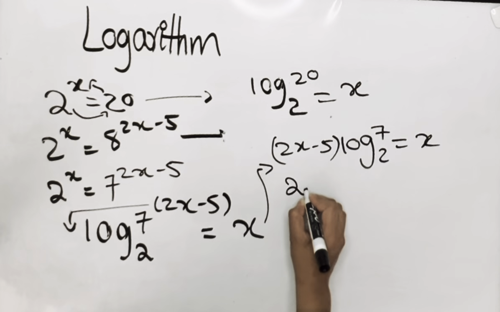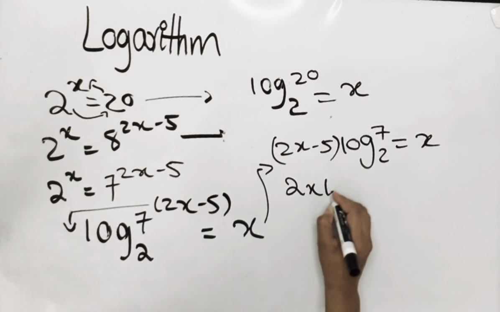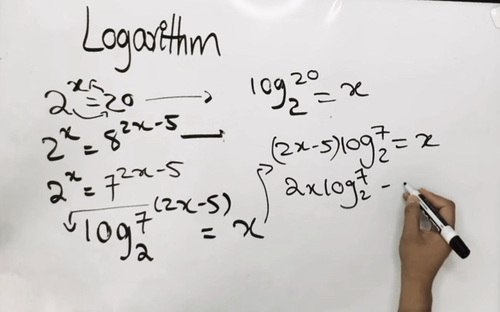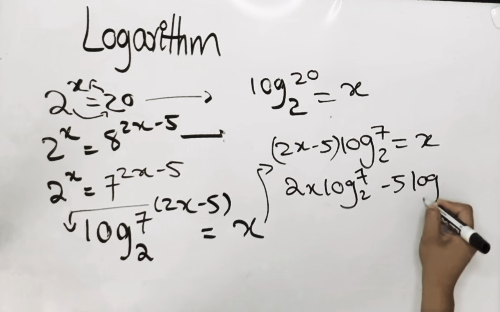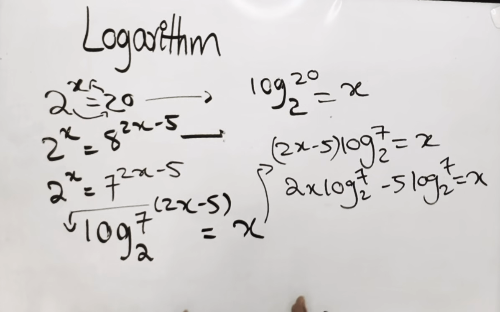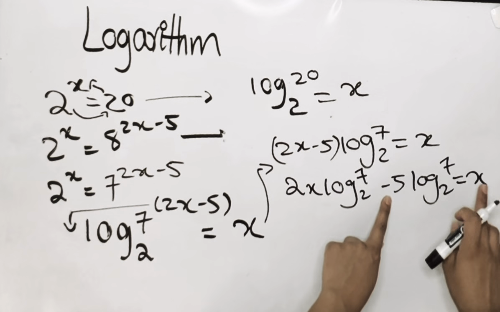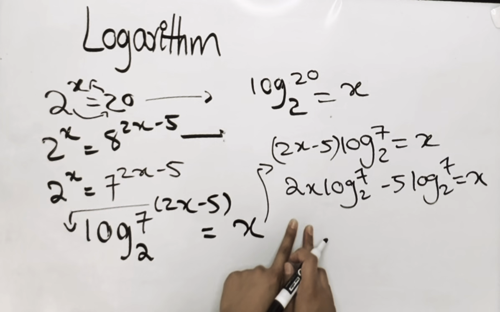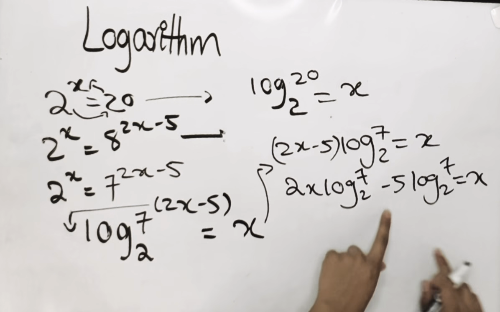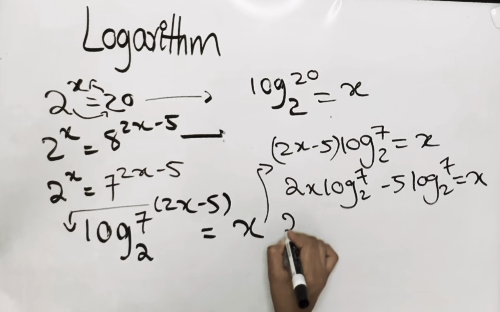Now, if we distribute that, that's going to be 2x log base 2 of 7 minus 5 log. Now, since we only want the value of x, we're just going to move this x into the left side of our equation and move negative 5 log base 2 of 7 to the right side of the equation.